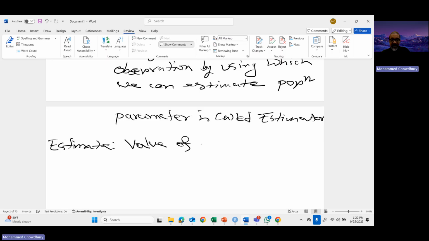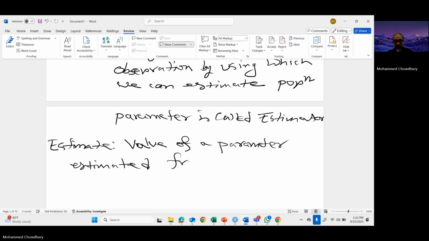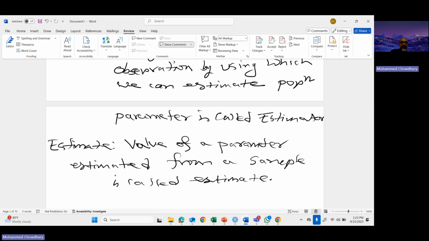Value of a parameter estimated from a sample is called an estimate.